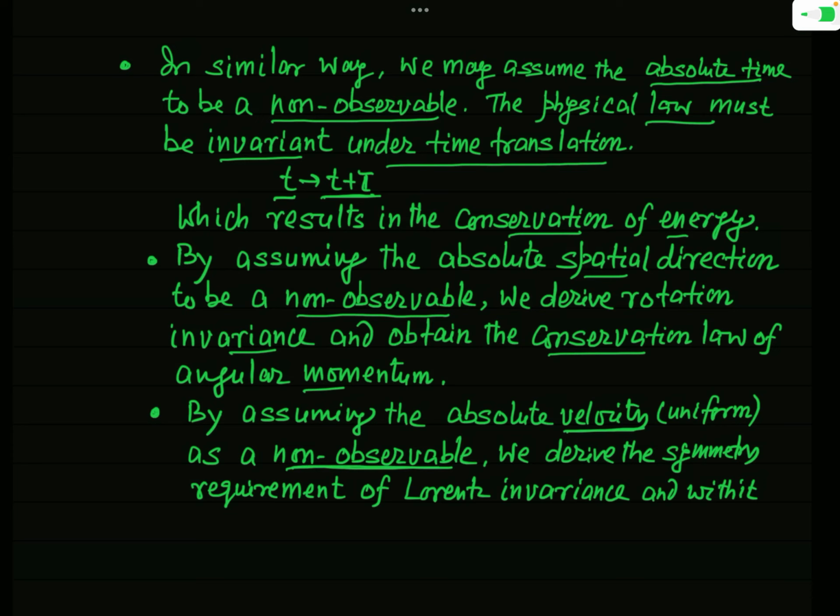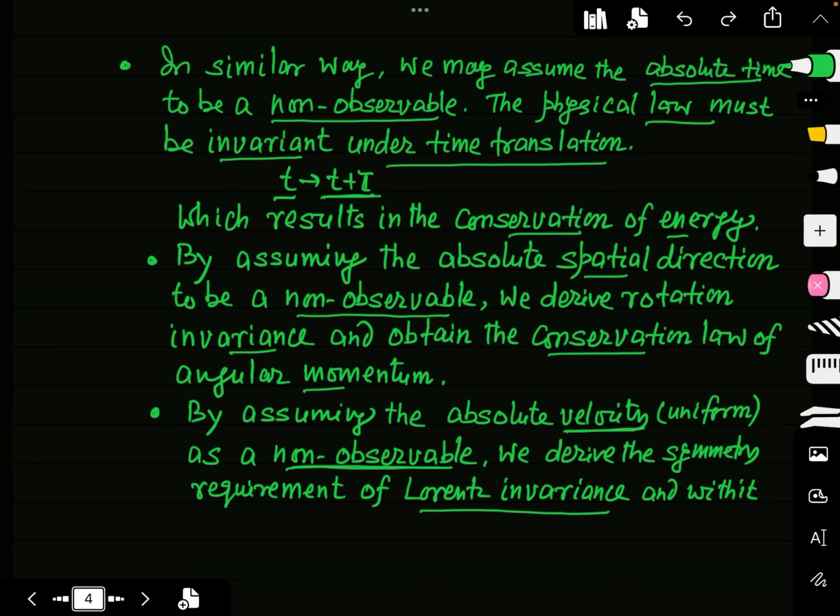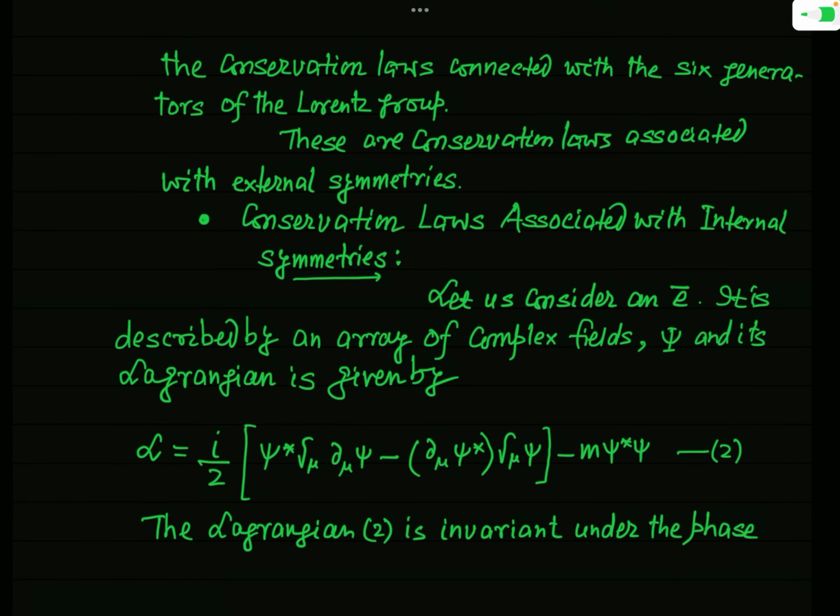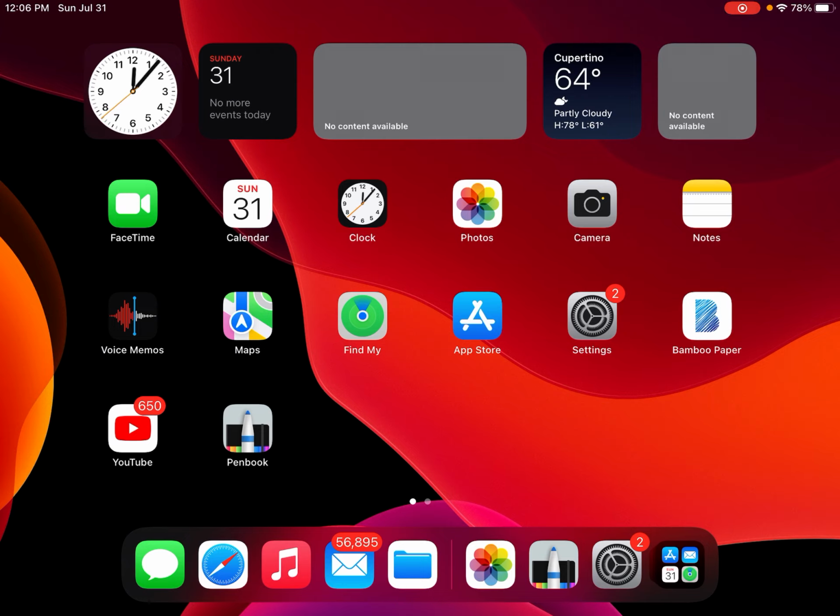So you can take absolute velocity as a non-observable quantity, and then the symmetry is related to the Lorentz invariance. This Lorentz invariance gives the conservation laws connected with the 6 generators of the Lorentz group. You know, the Lorentz group has 6 generators.